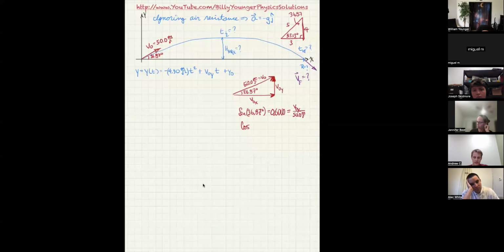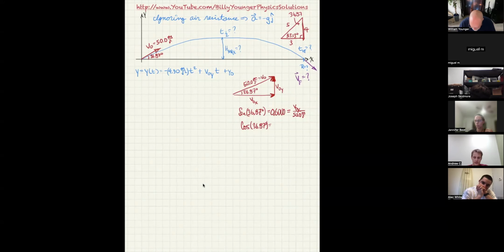Similarly, I'm going to write cosine 36.87 degrees. Now, from this one, remember cosine is adjacent over hypotenuse. 4 is the adjacent side, and 5 is the hypotenuse. So this is going to be 4/5, which is 0.8000.